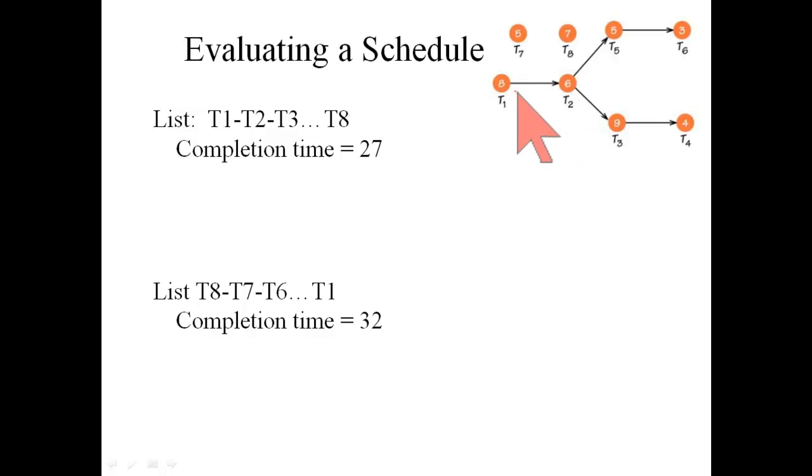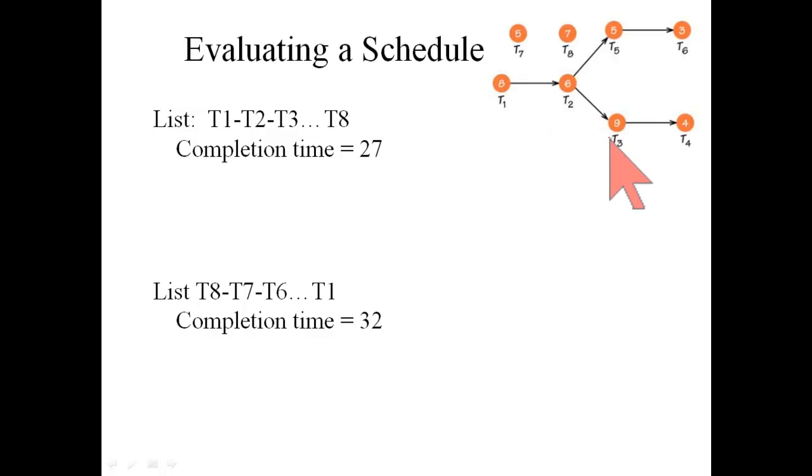And task 2 can't be started before task 1 is completed. 3 can't be started before 2 is completed. 4 can't be started before 3 is completed. So I claim it's not possible to complete the job, no matter how many processors you have, in time less than 8 to do task 1, plus then, after that's finished, 6 more to do task 2, plus 9 more to do task 3, plus 4 more to do task 4.